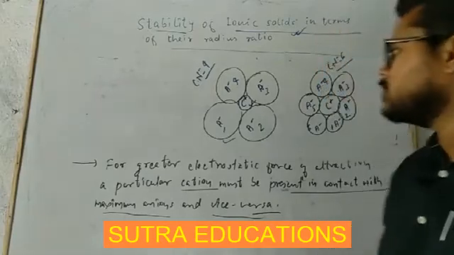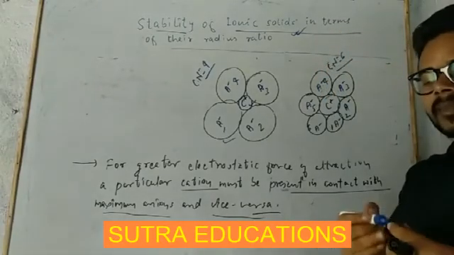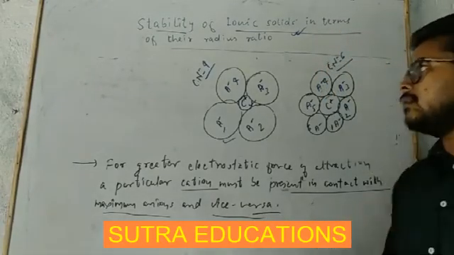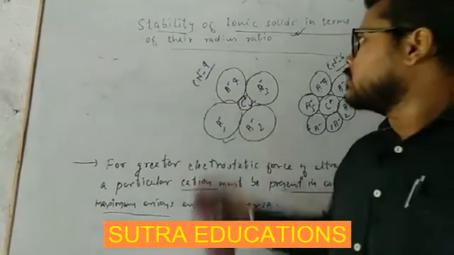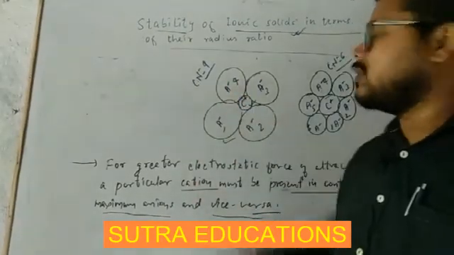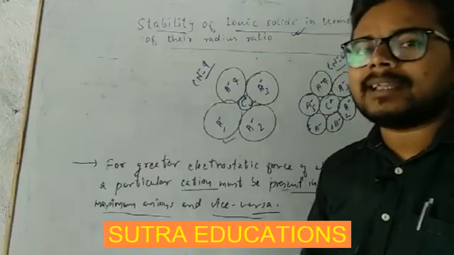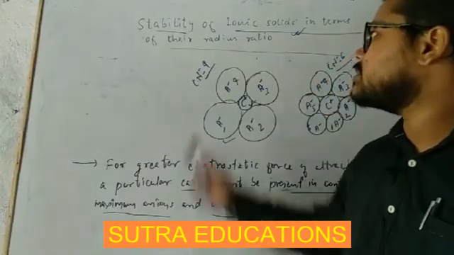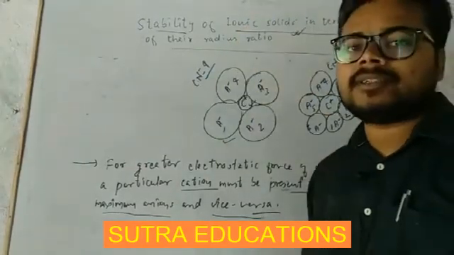So we can say that radius of cations and anions influences stability of ionic solids.